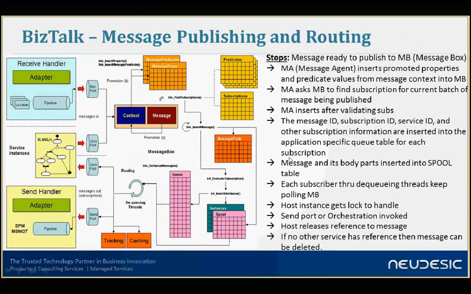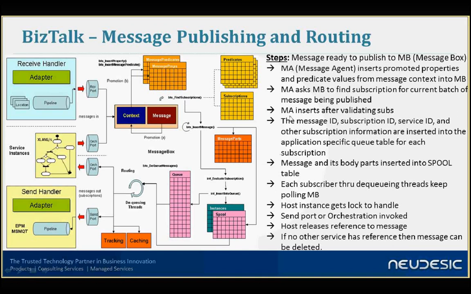So we'll go through the steps again. The message is ready to publish to the message box. The message agent inserts promoted property and predicate values from the message context into the MB. MA means message agent. You can see all these steps written here. The message agent asks the MB to find subscriptions, and here subscriptions are found.